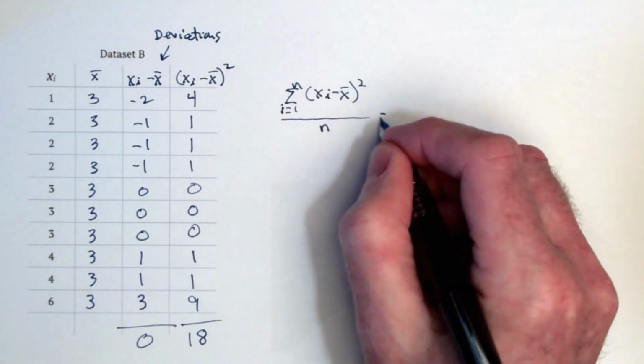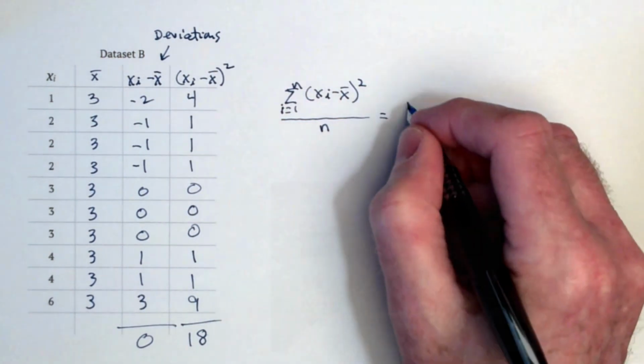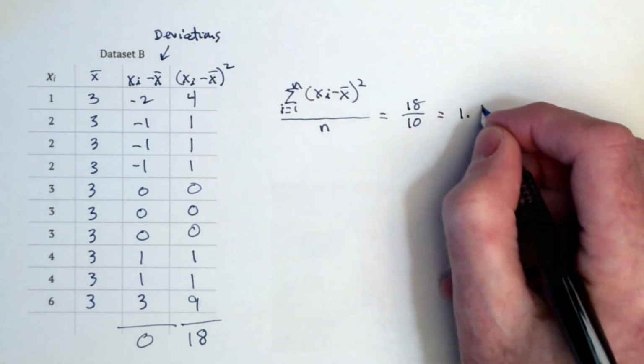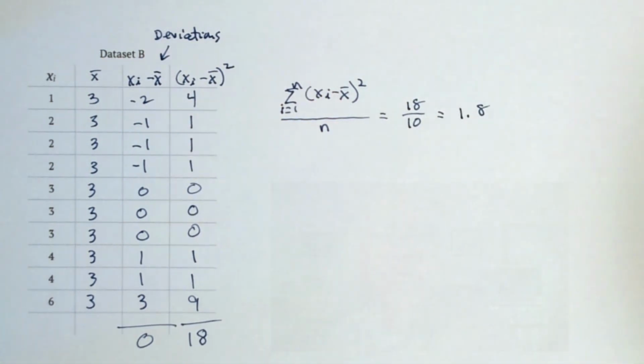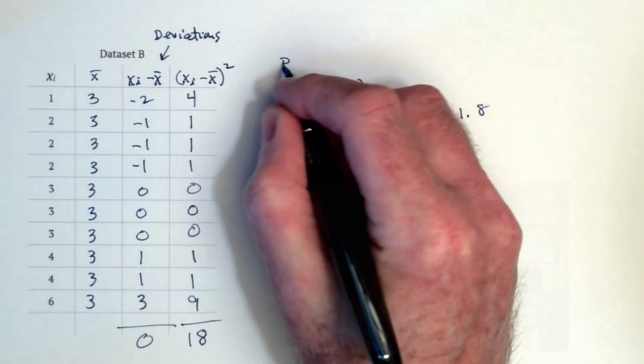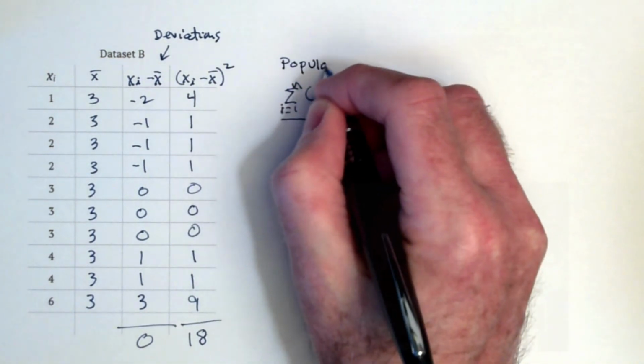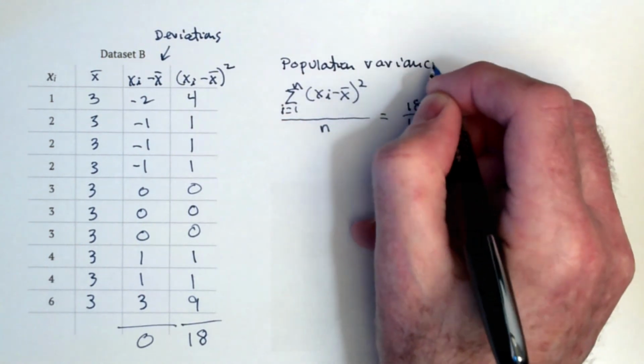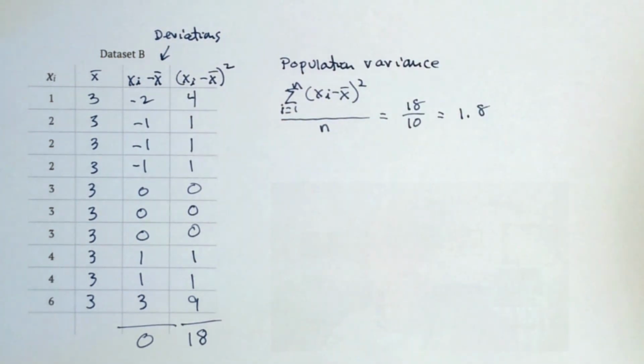And if I did that here, I would have the 18, there were 10 values, and so I would get 1.8 for the average of the squares of the deviations, the mean of the squares of the deviations. This has a name. This is called the population variance. And variance, getting at the idea that we're trying to measure how much things vary.